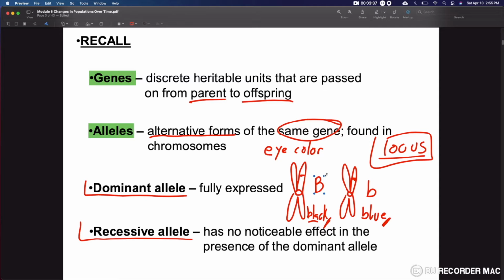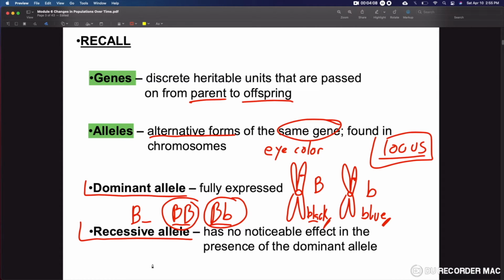If black is dominant, you just need one copy for it to be fully expressed. Just one copy of your dominant allele can mask the recessive allele. So even if you have a heterozygous Bb and a homozygous BB, these are all expressed as black eye color.